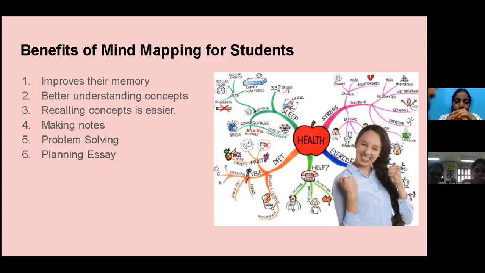Rather than what they read in abacus, if you give a mind map: abacus, invented by Chinese, so and so BC, 5000 years BC. Useful for addition, subtraction, multiplication, division, useful for the blind. So if you are giving points in a mind map, don't you think it is easy for them to write and easy for them to remember rather than long sentences? Yes or no?